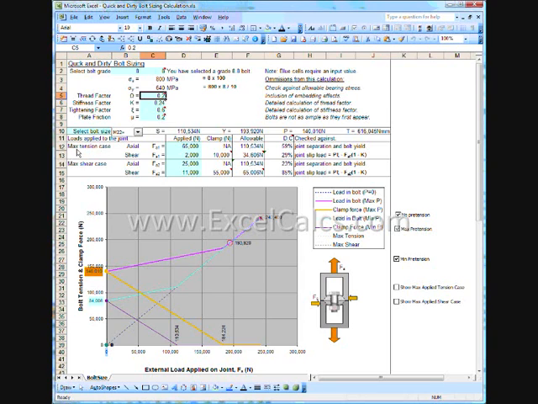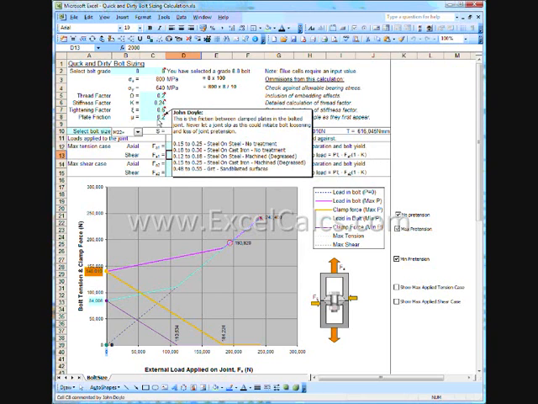So I've got two cases that I'm interested in, and generally we'll be interested in two cases. We might have lots of forces acting on this joint, but we'll probably be interested in the maximum tension force as one case, and the maximum shear force as another case. So let's take the maximum tension case first, and I'm going to apply a tension load of 65 kilonewtons, and a shear load of 2000 newtons.